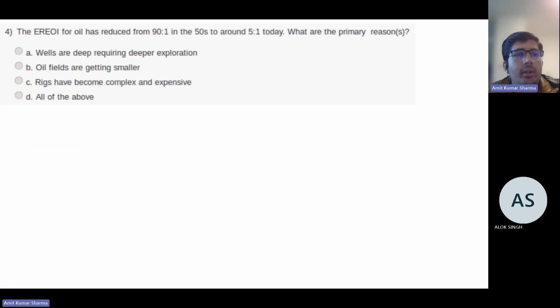The EROEI for oil has reduced from 90:1 in the 50s to around 5:1 today. What are the primary reasons? A. Wells are deep, requiring deeper exploration. B. Oil fields are getting smaller. C. Rigs have become complex and expensive. Or D. all of the above. We have already discussed that the EROEI has decreased so much over the past years. So what are the main reasons?